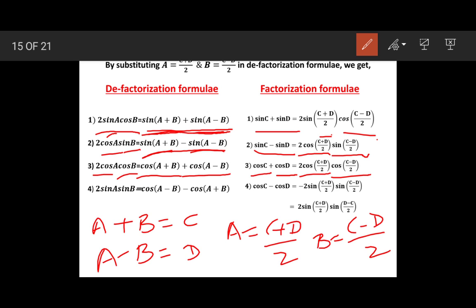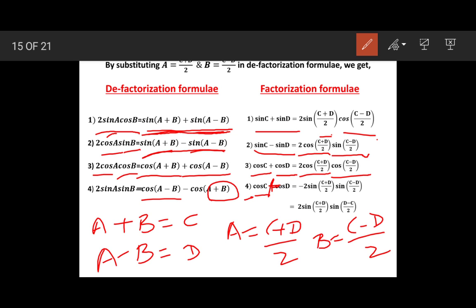Okay, the fourth formula, cos a minus b, means cos c. Here a plus b is c, so that will be minus cos c plus cos d.